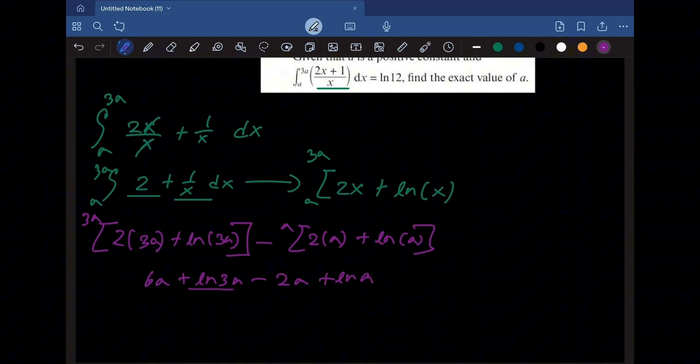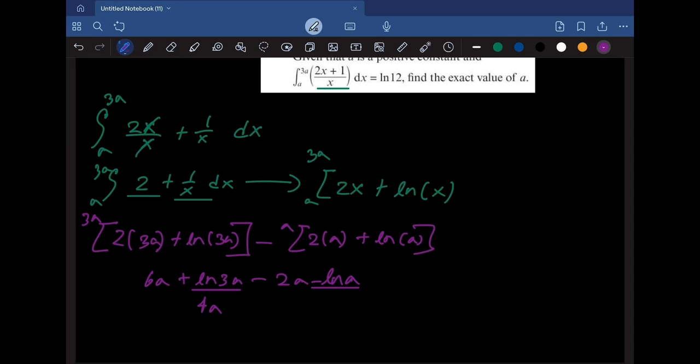Now this ln a is actually minus ln a, my bad, because this minus will be multiplied with this positive value, so it will become minus ln a. So now 6a minus 2a is 4a, and ln 3a minus ln a, when we subtract lns, it gets divided.